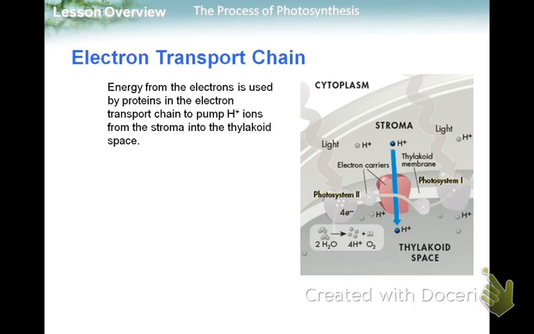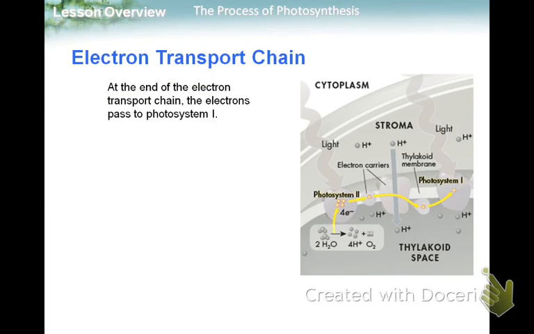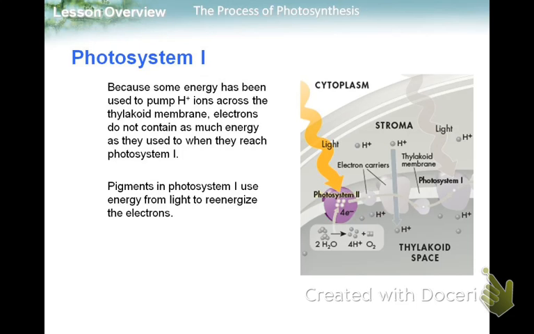Energy from those electrons is used to pump hydrogen ions into the thylakoid space. And then those electrons pass to photosystem 1. So we actually start with photosystem 2 and move to photosystem 1. These electrons have lost a little bit of energy when they enter photosystem 1.